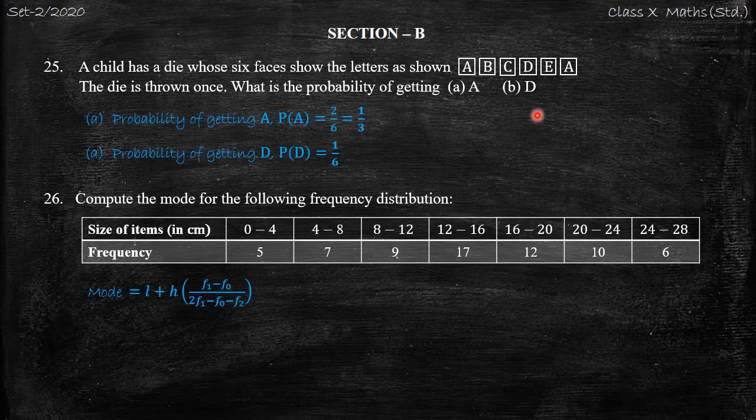So what is this L, H? That's the modal class. Modal class means which has got the maximum frequency. Here you can see this is the modal class, and L is the lower limit of that modal class.